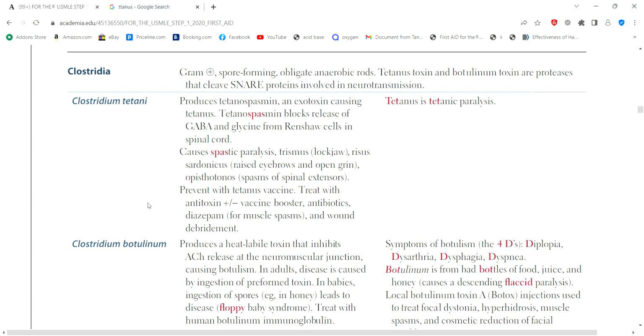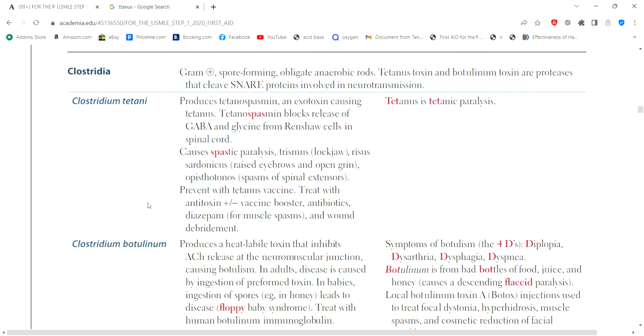Now diazepam makes the cell more negative, so diazepam calms the cell down and stops muscle spasms by increasing chloride channel opening frequency.